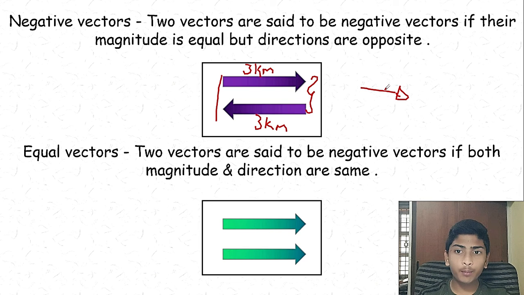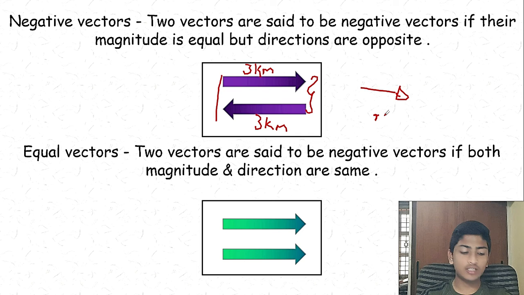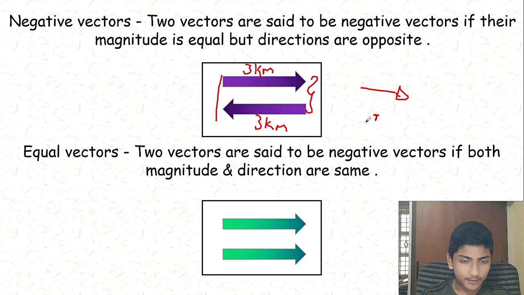And a null vector means a vector whose original point and terminal point are the same. Now negative vectors are completed.